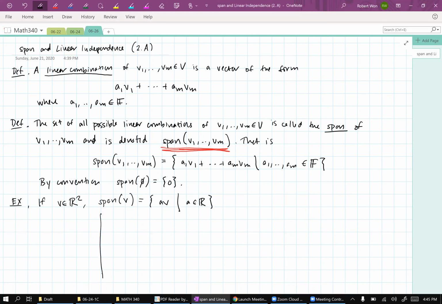Right, so if v is a non-zero vector, then what is this whole set of vectors? Well, it contains v, it contains 2v, it contains 3v, it contains 1/2 v, negative v. So the span of a non-zero vector in R2 is just this entire blue line through the origin.